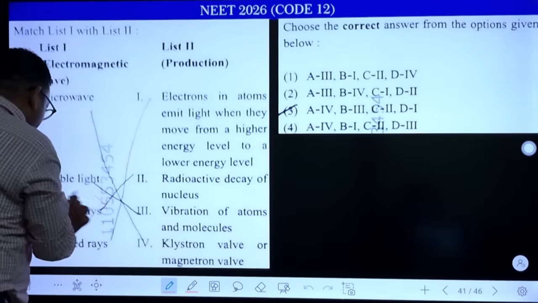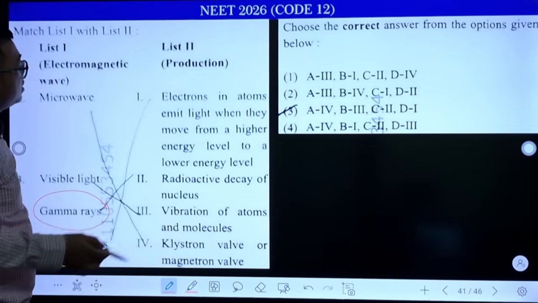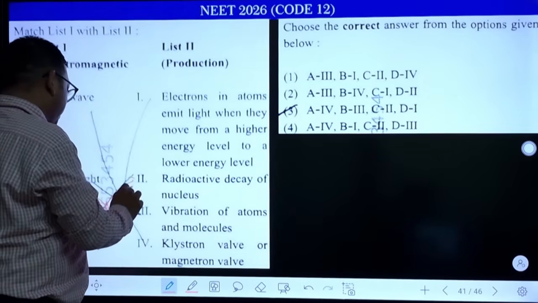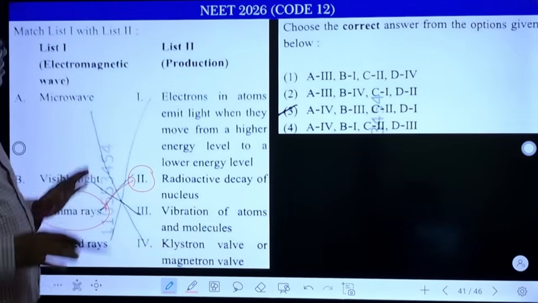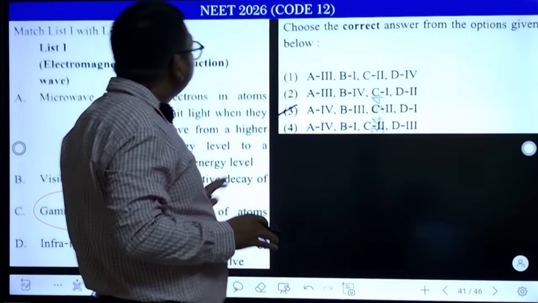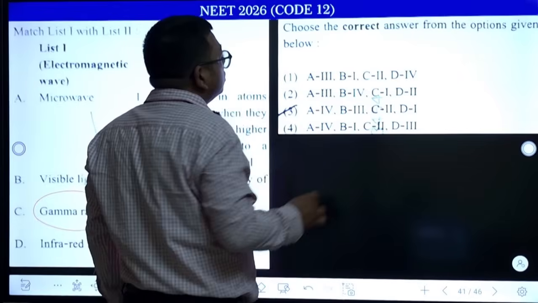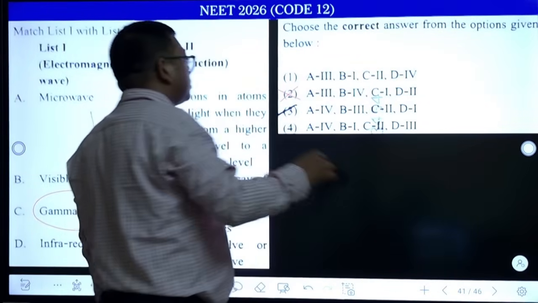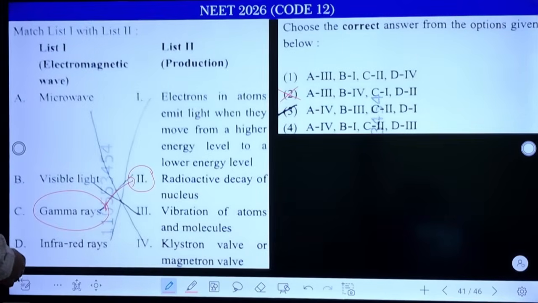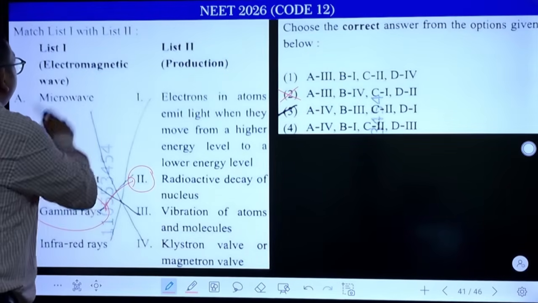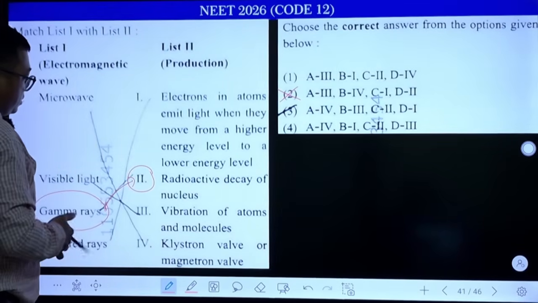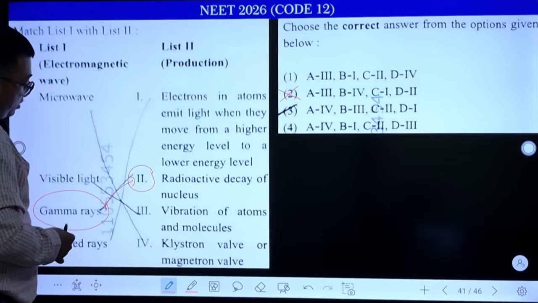So gamma rays, definitely gamma rays, electrons in radioactive decay is correct, definitely. Gamma rays come from radioactive decay, we know. So C must match with 2. Definitely second is not correct. Okay, now anything else? Microwaves, visible light, vibration of atoms.